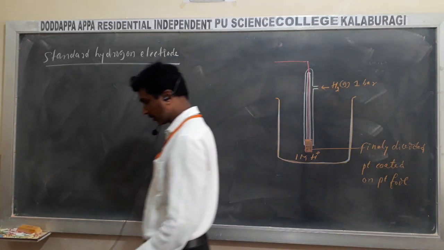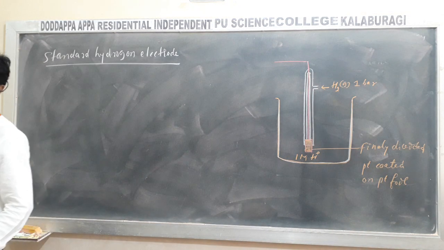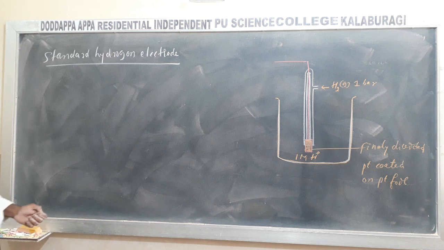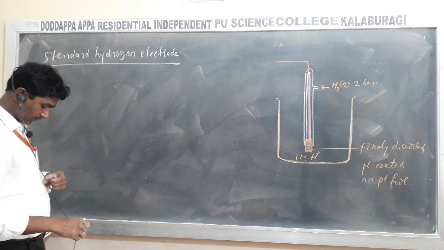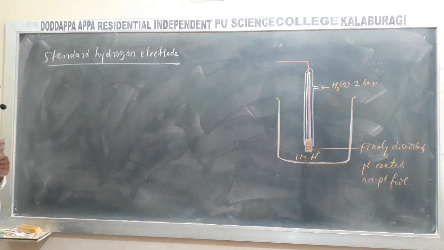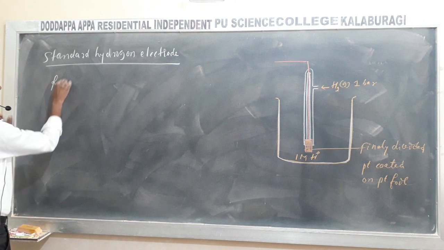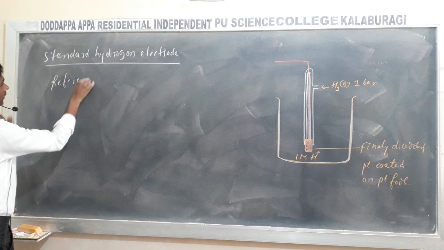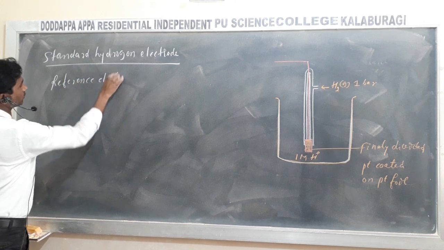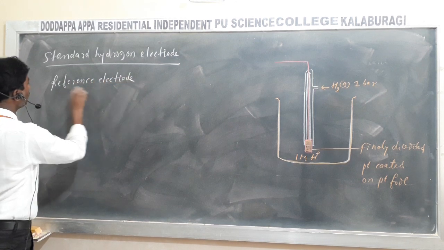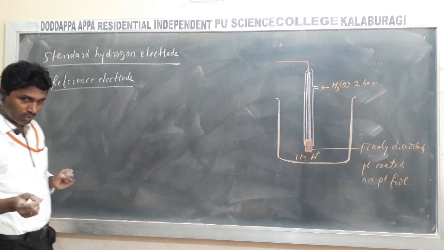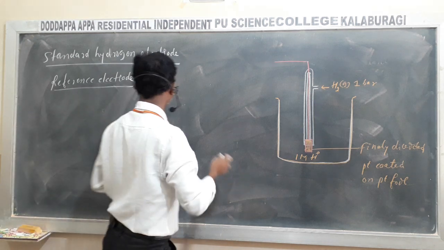Standard hydrogen electrode. This standard hydrogen electrode is also called a half cell. And the standard hydrogen electrode is also called the reference electrode. Why is it called a reference electrode?